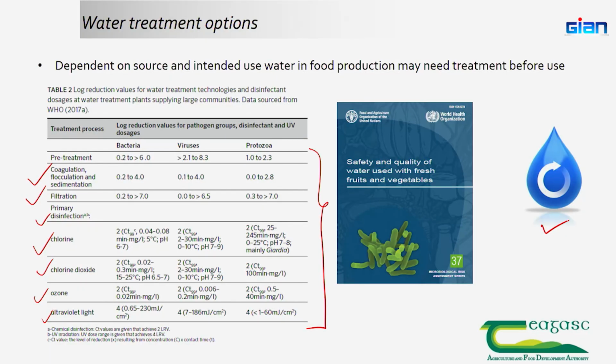So, safety and quality of water used for fresh fruits and vegetables. That will give you all the guidelines. As you see, Table 2 is coming from this particular document, and whatever is referenced in any of this presentation is freely available.